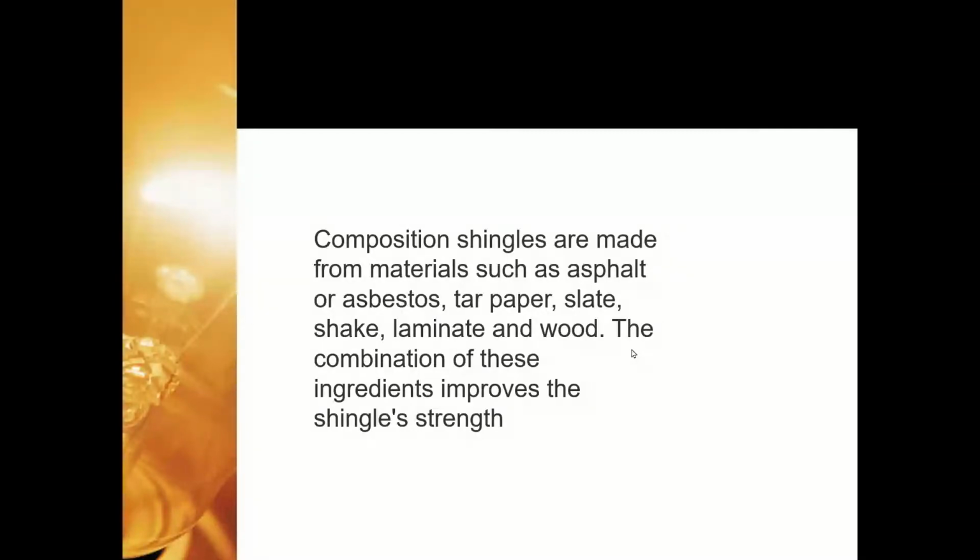Okay, composition shingles are made from materials such as asphalt or asbestos, tar paper, slate, shake, laminate, and wood. Asphalt shingles can be made with granules containing leachable copper. Why would that be the case, Harris? Well, because copper absorbs heat and transfers it out of the shingle. Okay.